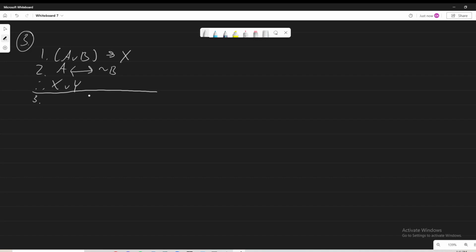We start by assuming the opposite of our conclusion. Our conclusion here is X or Y, the opposite of which is just not X or Y. So assumption for indirect proof.